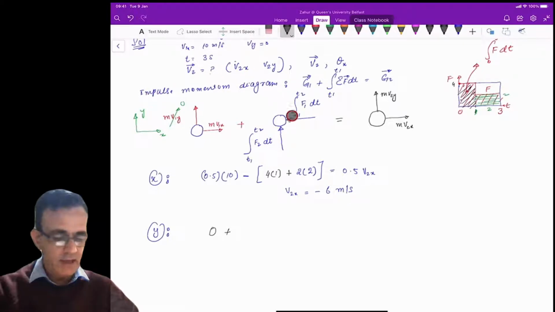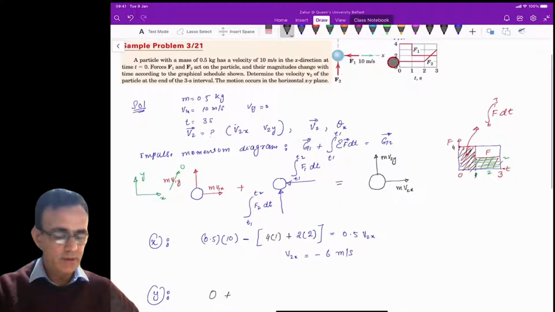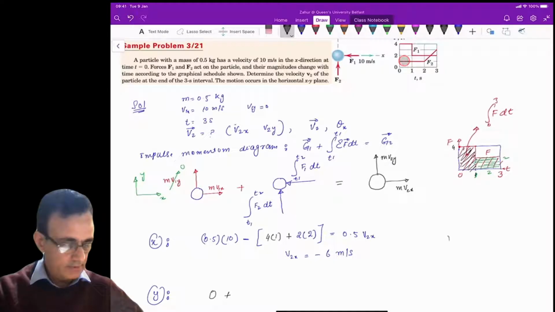And then we have the impulse of the force in the y direction. In this case, you are integrating this force F2 in the y direction from t1 to t2, which is from 0 to 3. As you can see from this figure here, this was our force F2.